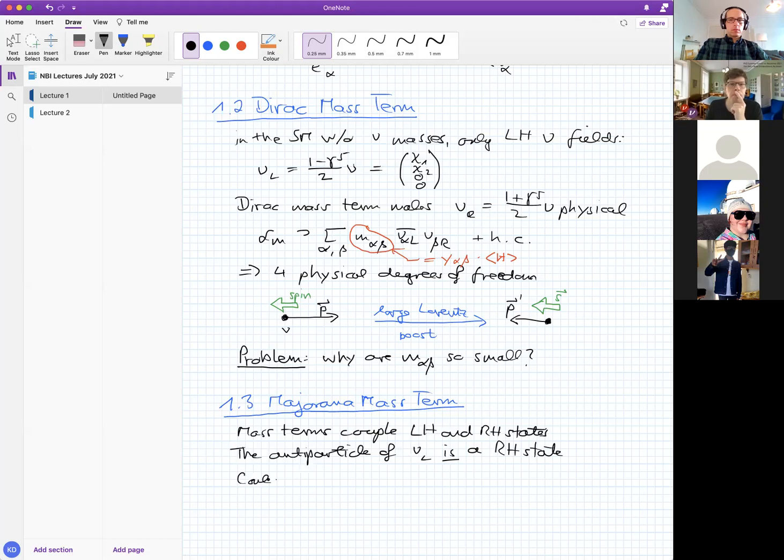So could nu r be identical to the antiparticle of nu left? Well, if I ask the question that way, then obviously the answer is true.